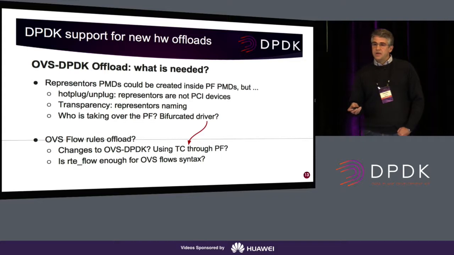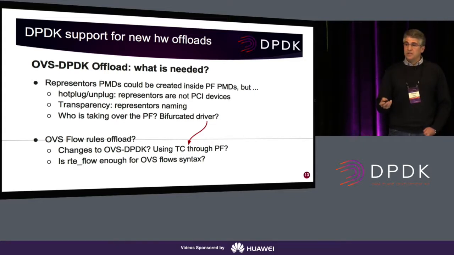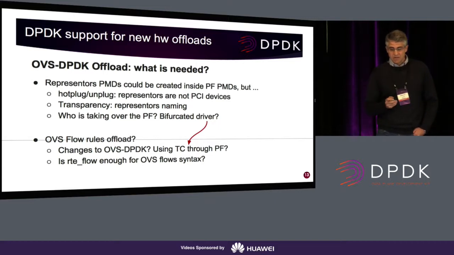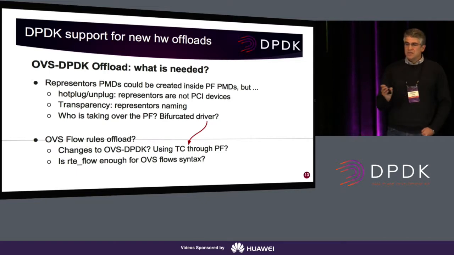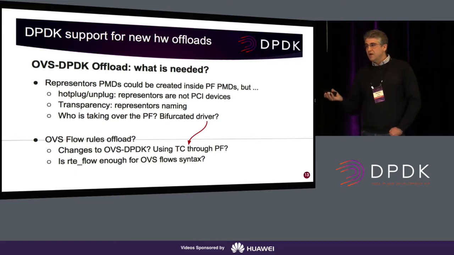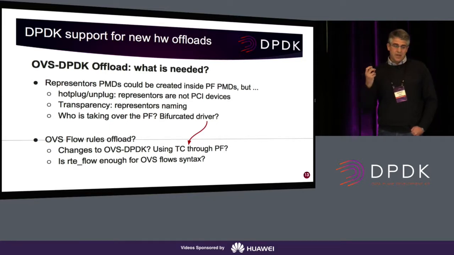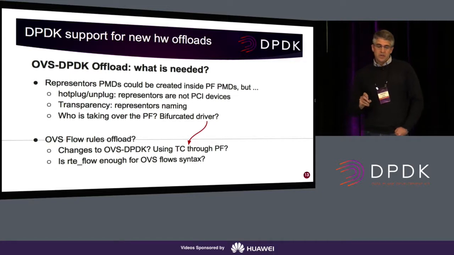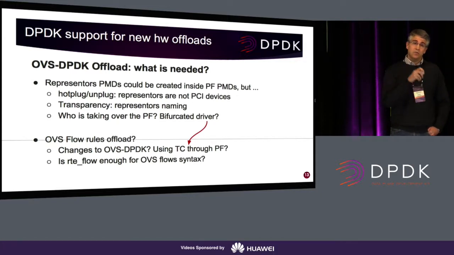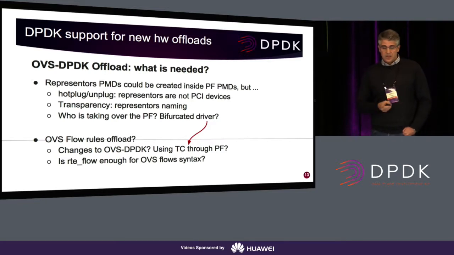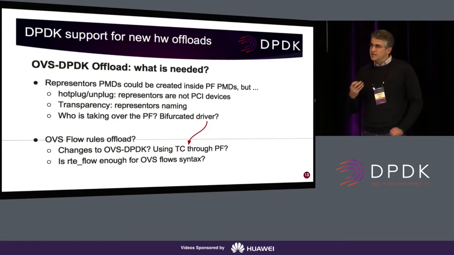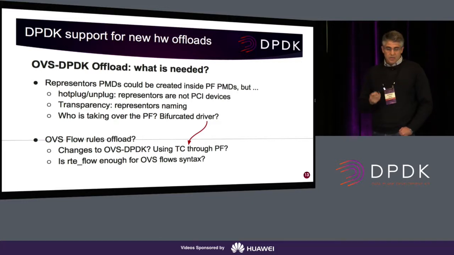So there is some API proposed to the DPDK for representors, but this is just for having the control of VFs from the PF. So it's not about the data path. How to implement representors is not a problem. We could have a generic library from the DPDK, or we can implement something completely internal in the PMD, because we need to do this multiplexing. So we need to have all of that knowledge inside the PMD.